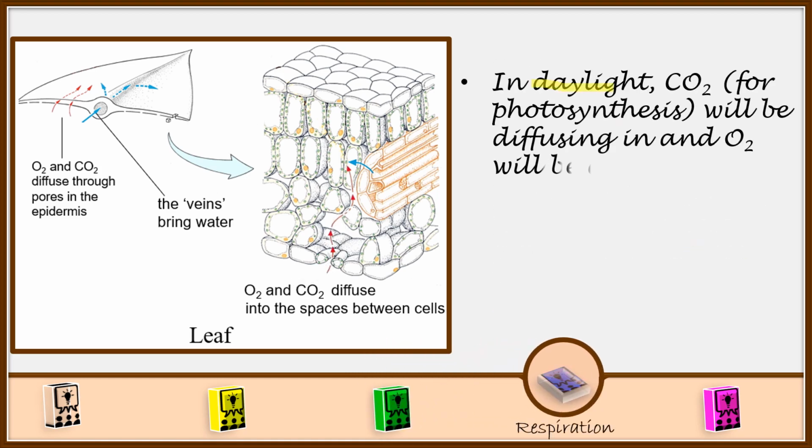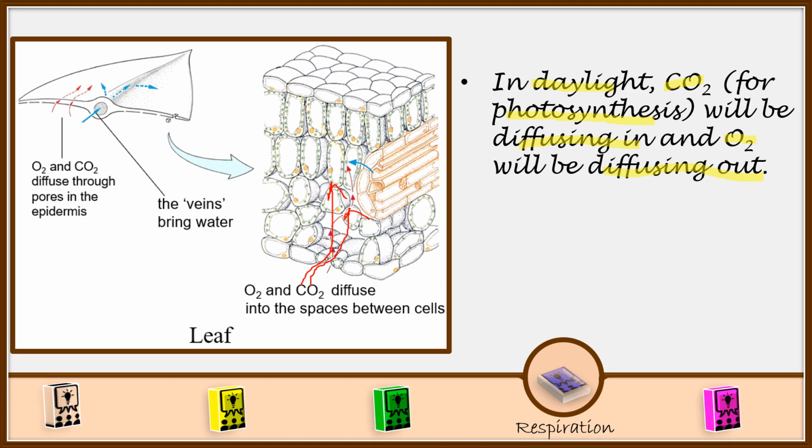In daylight, carbon dioxide for photosynthesis will diffuse in and oxygen will diffuse out. Carbon dioxide diffuses inside during the daytime because it is going to be used during photosynthesis.